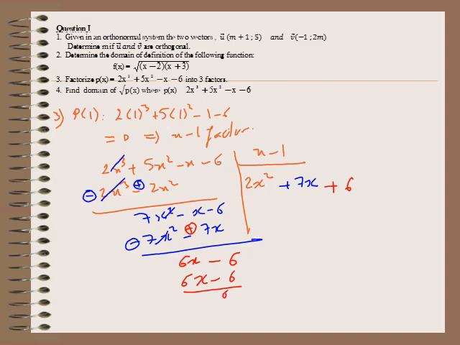Now 2x squared plus 7x plus 6. Minus 2 is a root, so we can divide by x plus 2. 2x squared plus 7x plus 6 divided by x plus 2: 2x, times x plus 2 gives 2x squared plus 4x.